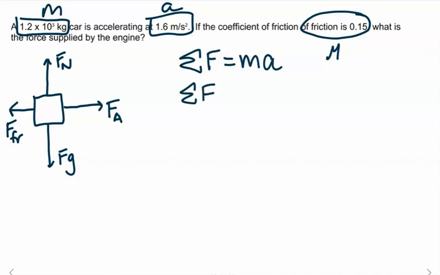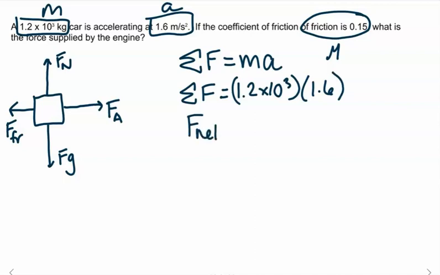So our net force is 1.2 times 10 to the third times 1.6, which is 1,920 newtons. Now that doesn't tell us the force supplied by the engine, but it does help us out.